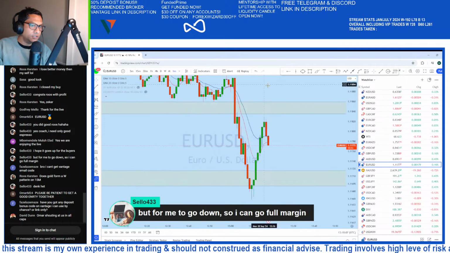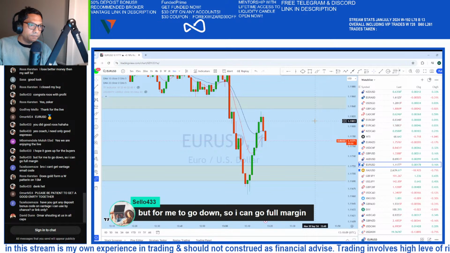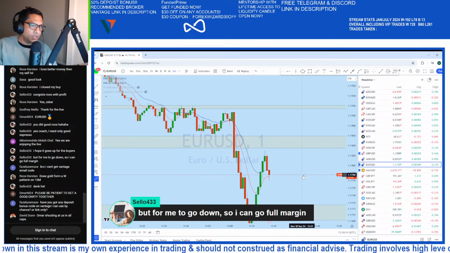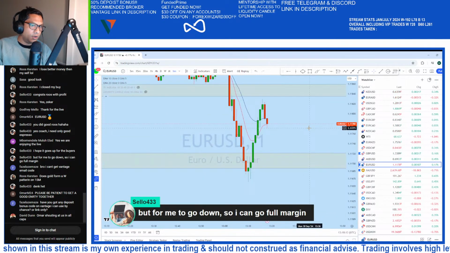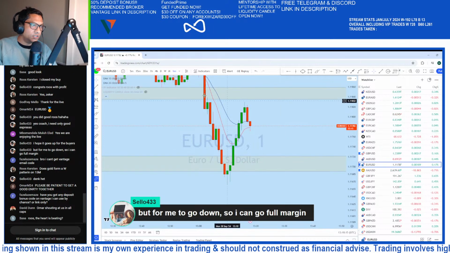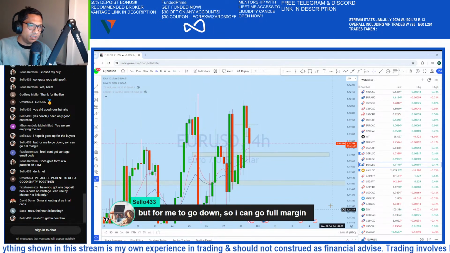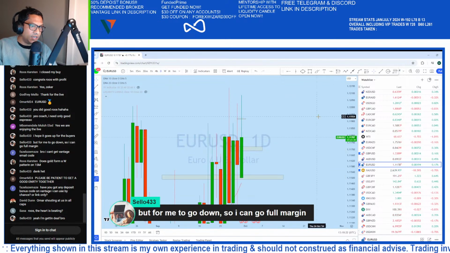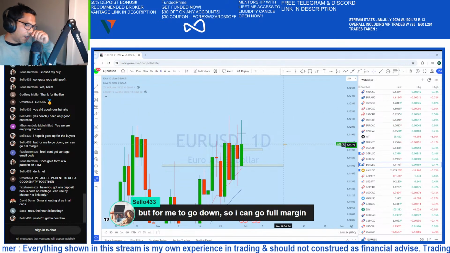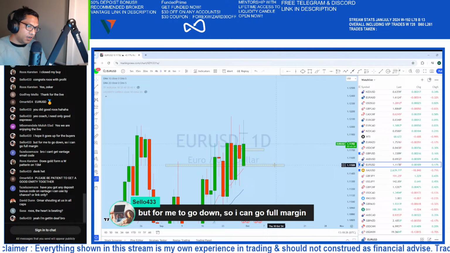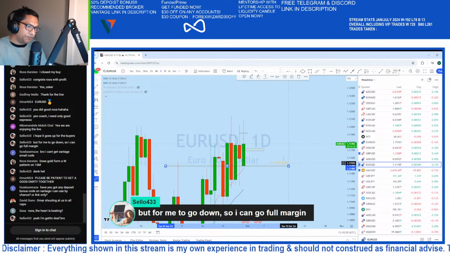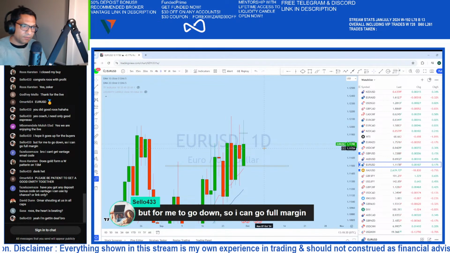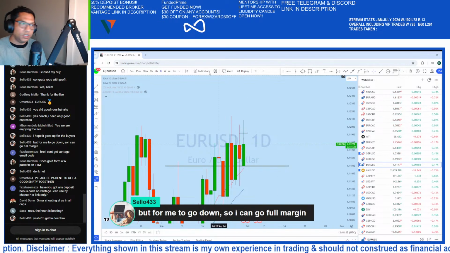Here we can see a rejection. Previously, we were waiting, and you see that after the break of structure, it's again trying to break below. Let's see on the 4-hour time frame how the market might be doing. If we look at the daily again, on euro dollar, I'm still biased with the bullish setup. If it is coming back to the support, we can look for a bullish opportunity.